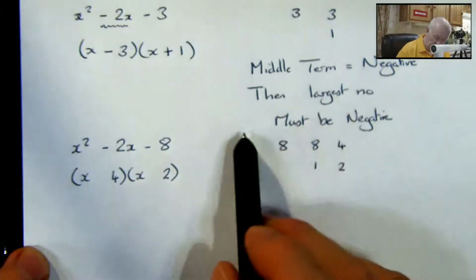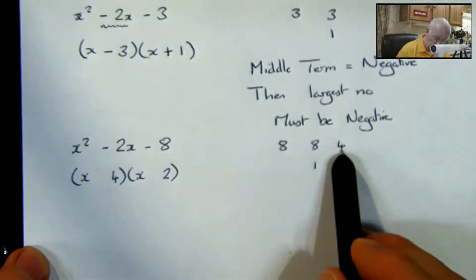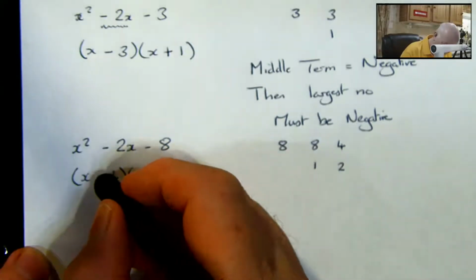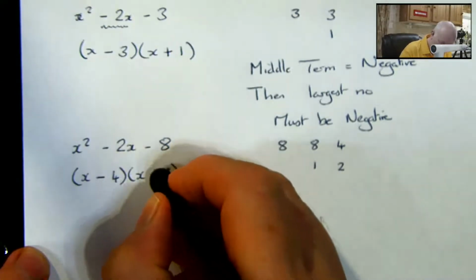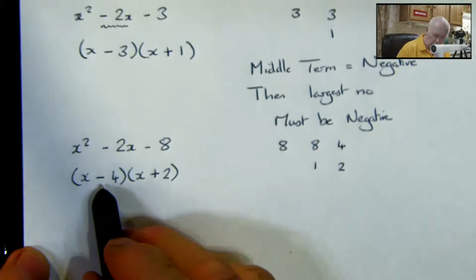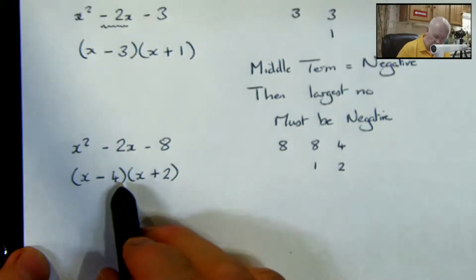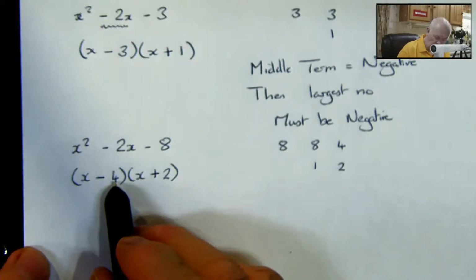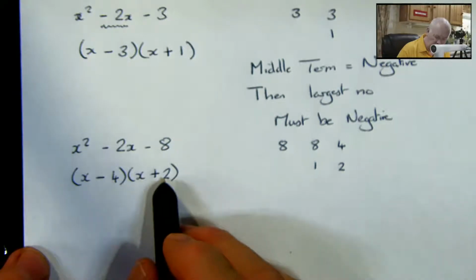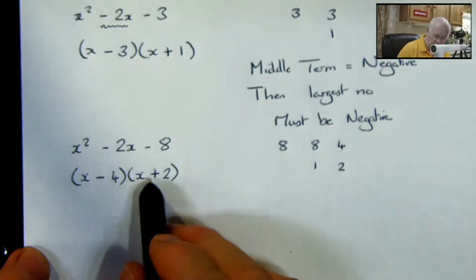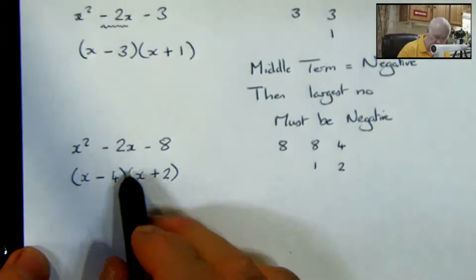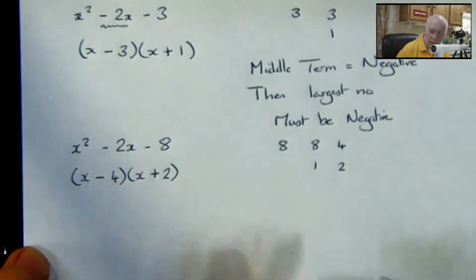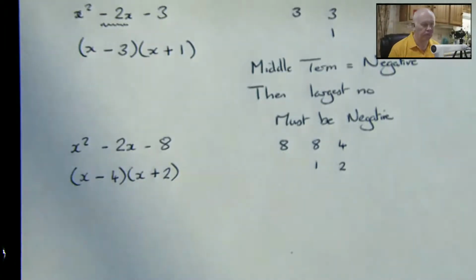Then the largest number, our 4, must be negative. And that's going to work out because I've got here minus 4x plus 2x, minus 4 plus 2 gives me minus 2, and it all works out.